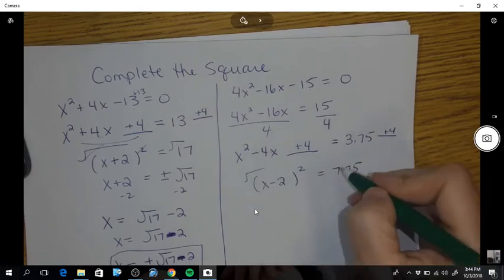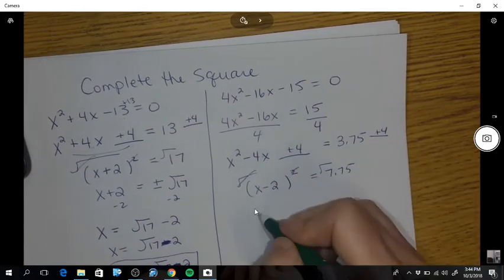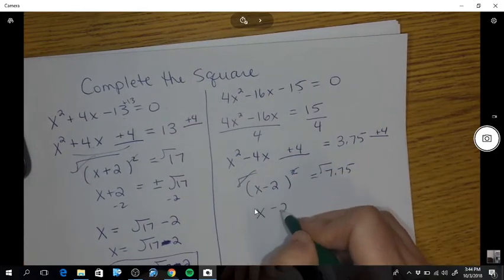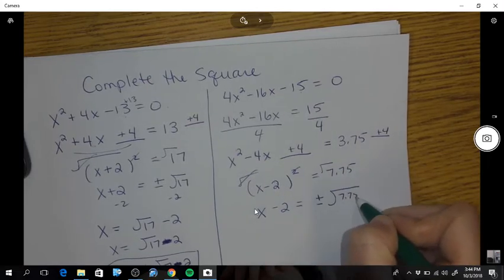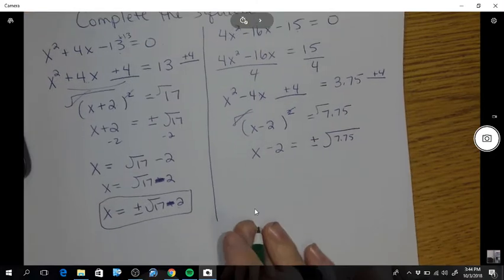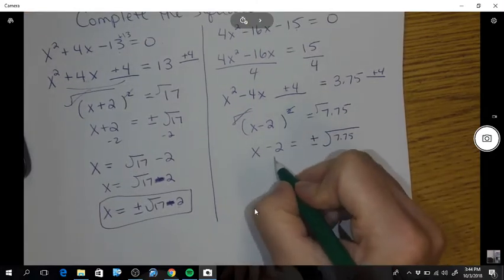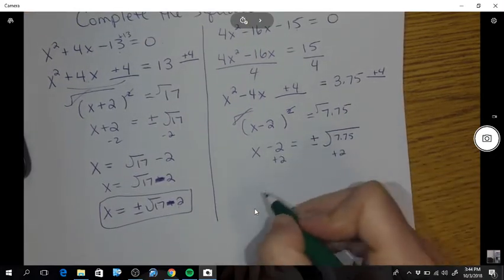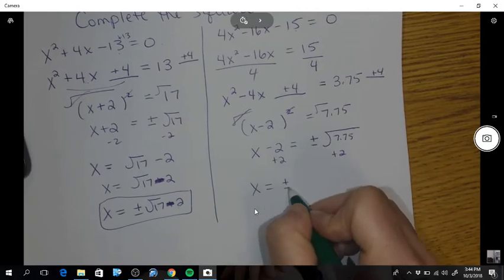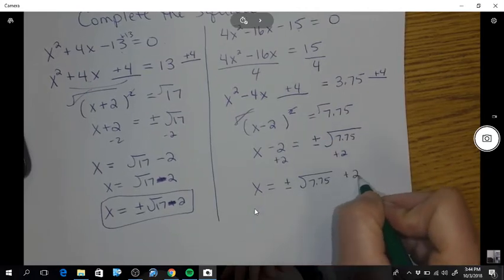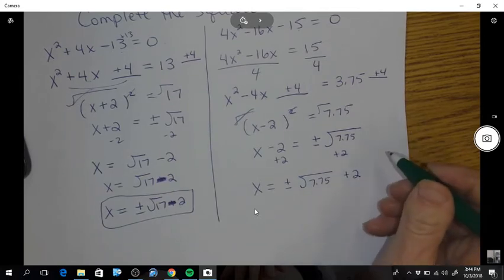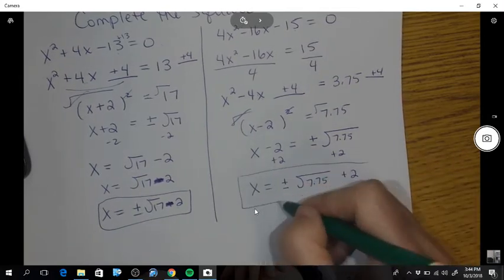I'm going to square root, get rid of that. X minus 2 equals plus or minus the square root of 7.75. And now to isolate x, I would add 2. So x equals plus square root of 7.75 plus 2, or negative root 7.75 plus 2.